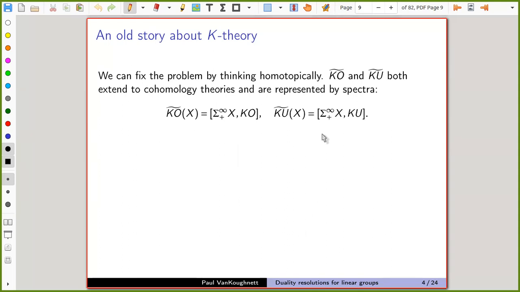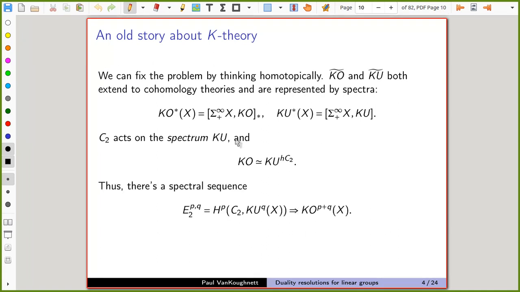These two functors are the zeroth pieces of some graded functors, KO star and KU star. By this same idea of sending a complex line bundle to its complex conjugate, the cyclic group of order 2 acts on the spectrum KU. We can take the homotopy fixed points of that action, and this gives us the spectrum KO.